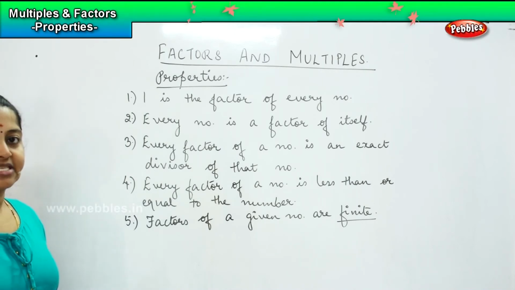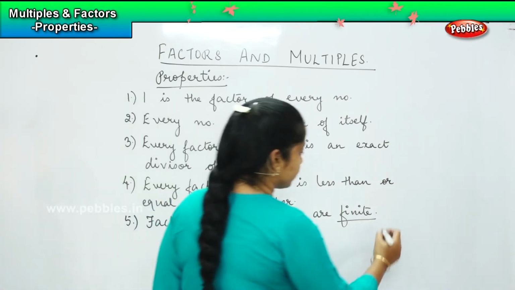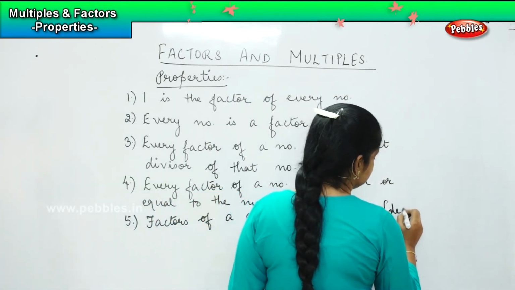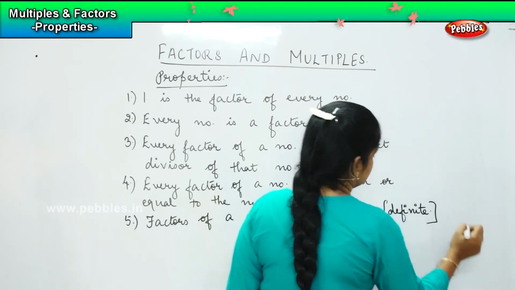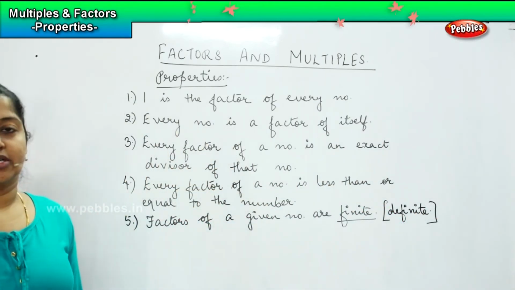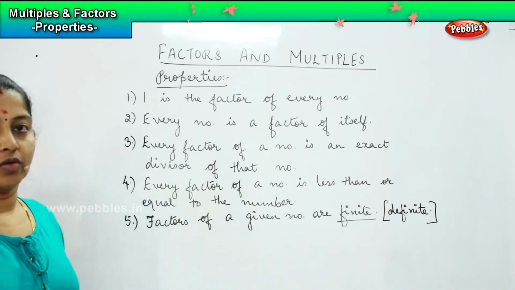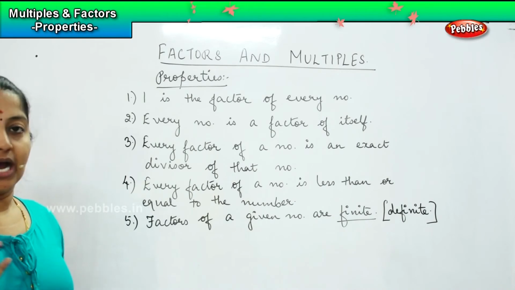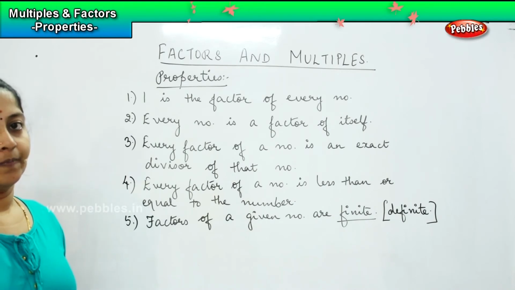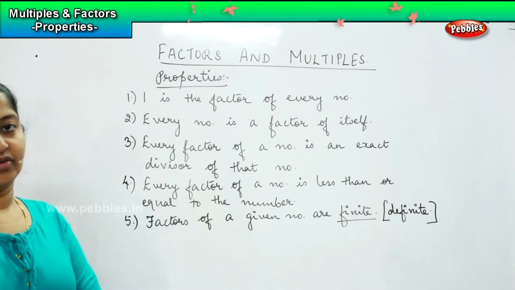Finite means something which is exact, something which is definite. The value of which is definite, which means that you can count the value. It is easy for us to count the values on the number basis. So factors of a given number are definite. It is not infinite, which you cannot trace out.